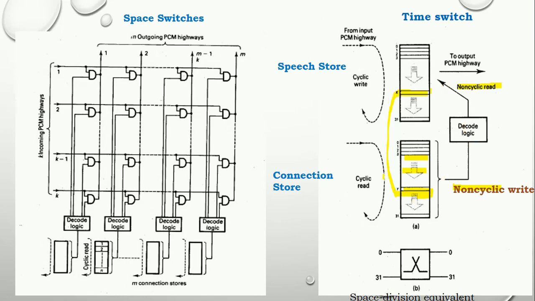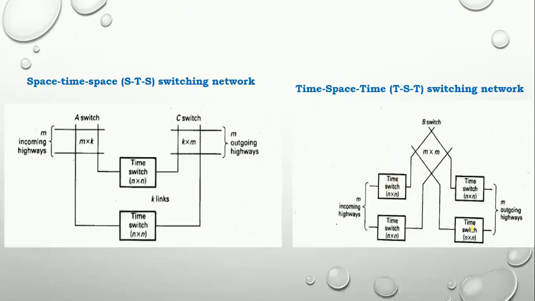That means to interconnect X and Y, you need a cyclic write operation for the speech store and a cyclic read operation for the connection store. Then it is the reverse manner for the other side, that means non-cyclic write and non-cyclic read. And the common thing you need to remember everywhere is the PCM highway, the pulse code modulation signals you are going to connect. This is about the space switch and time switch.